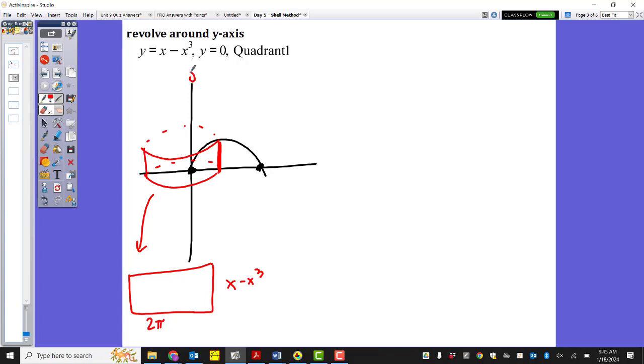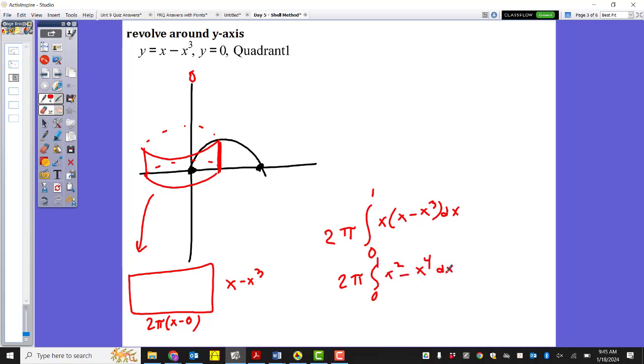In this case, our axis is still the y-axis, so r is just x minus 0. And we do 2 pi, integral from 0 to 1 of x times x minus x cubed, or in other words, x squared minus x to the 4th. There we go.